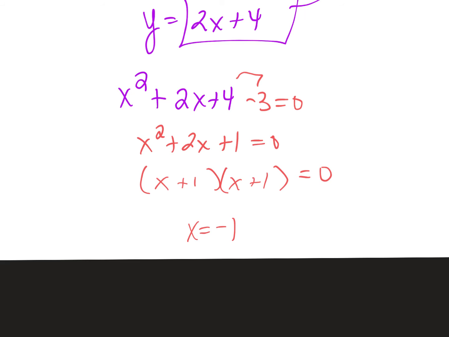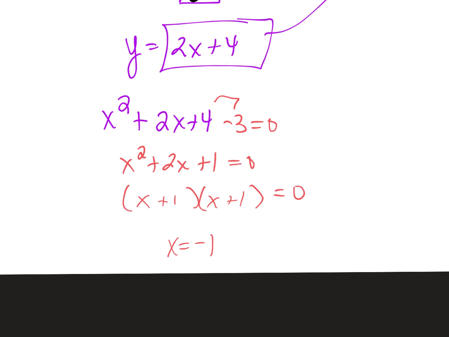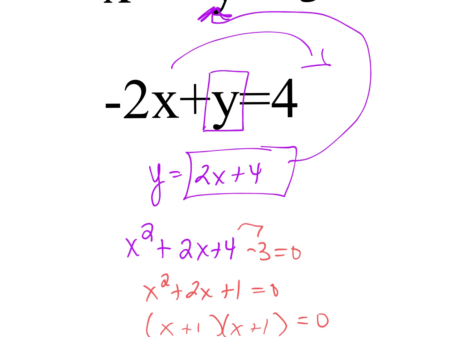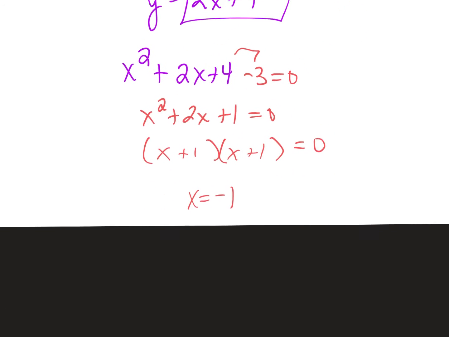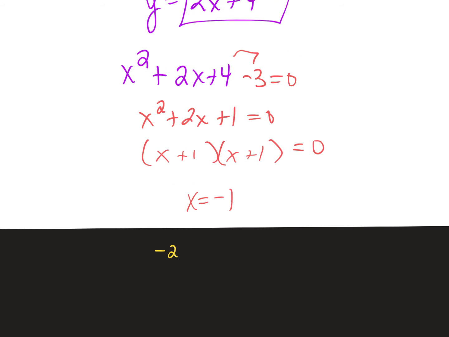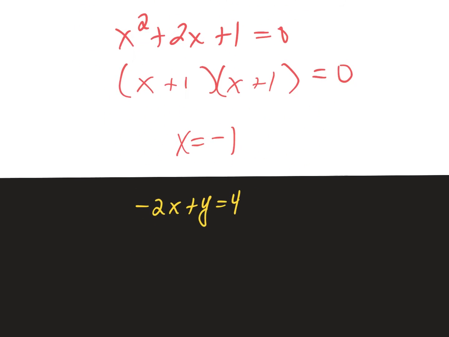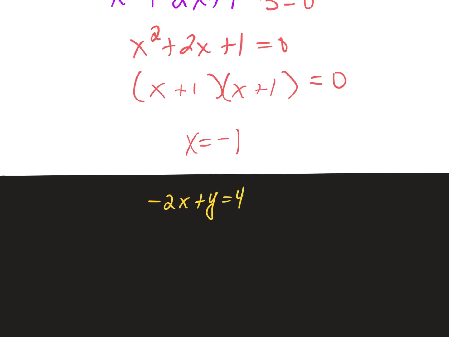Do I need to write x equals negative 1 2 times? No, because when I plug in negative 1, I'm going to get one y value, and it's just going to be the same point repeated. So we're going to go back up to the original, and our easiest one would be negative 2x plus y equals 4. Is it 4 or negative 4? 4. Yeah.